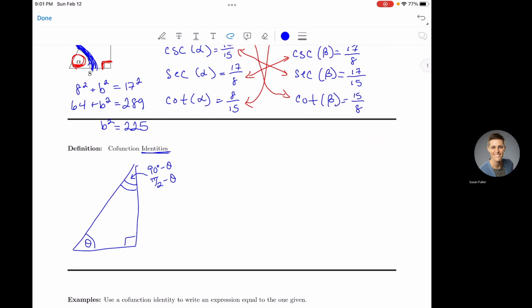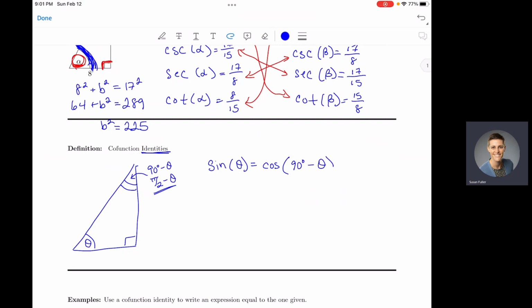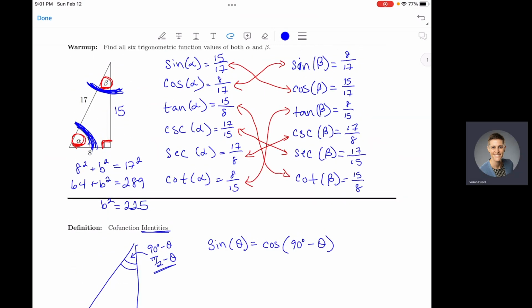So with what we just noticed here, our cofunction identities say that the sine of theta is equal to the cosine of this other angle in the triangle. I'm going to leave everything in degrees for now, and I'll make a note at the end for how to change it for radians. But the sine value of one angle is equal to the cosine value of the other angle in the same right triangle. And we noticed that in the example we just went through.